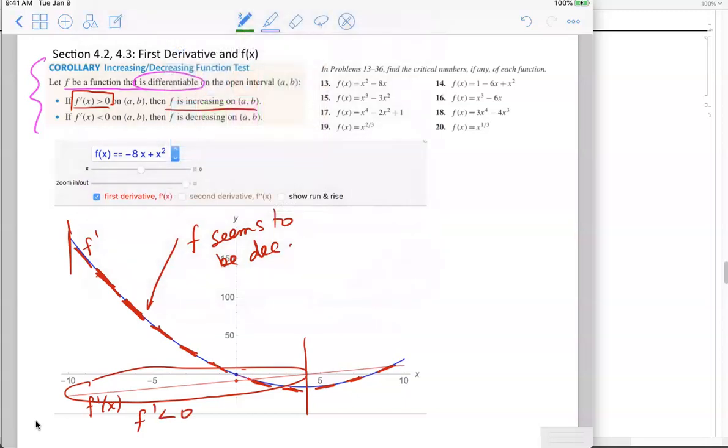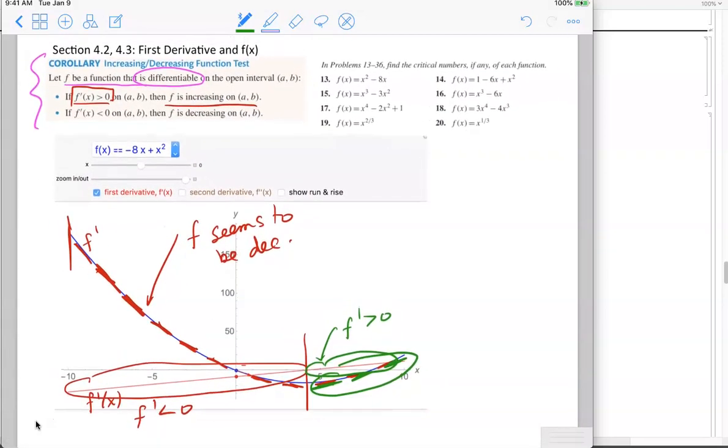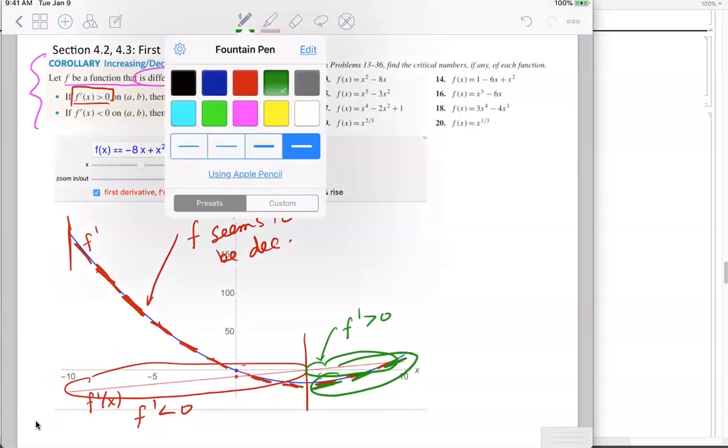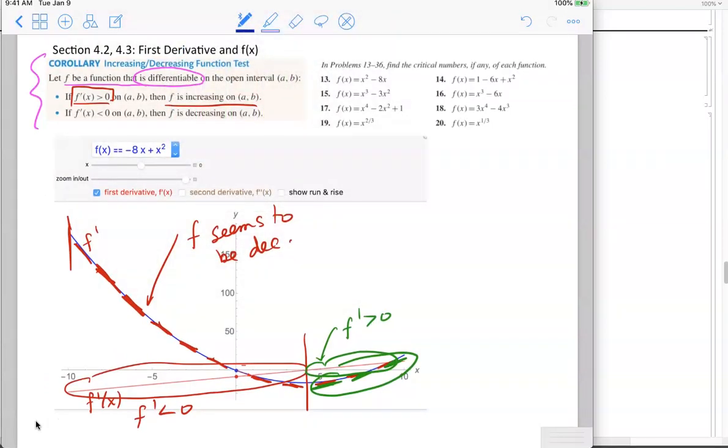But on this side, the tangent lines are sloping upward, the function is increasing, and at that same part the derivative is positive on that region. So one tool that will be instrumental in figuring out when a function is increasing or decreasing is the following.